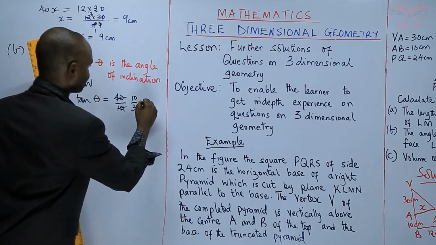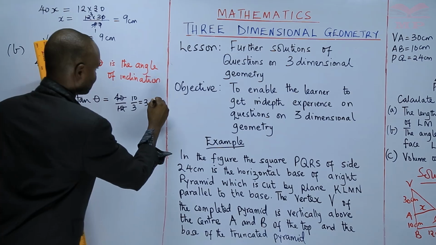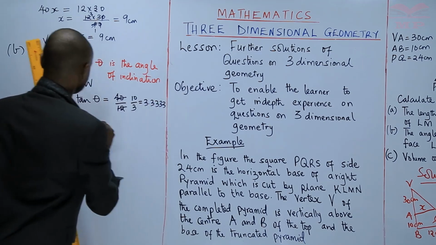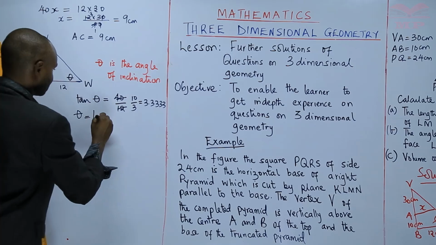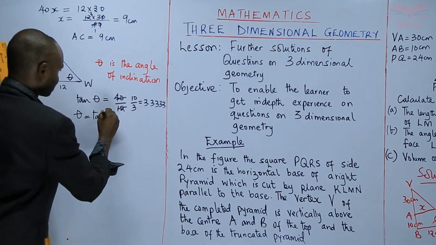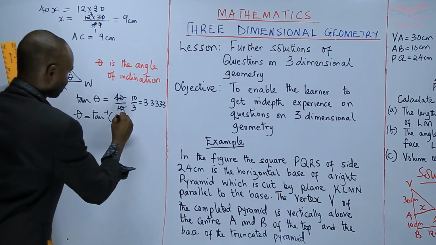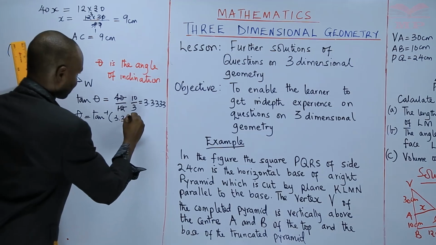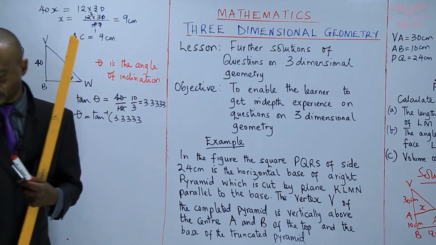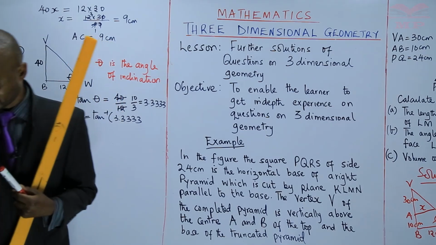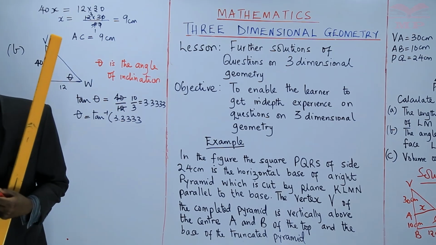This will give me 3.3333. So theta will be equal to tan inverse 3.3333. So quickly with the calculator, you'll punch that and get it.